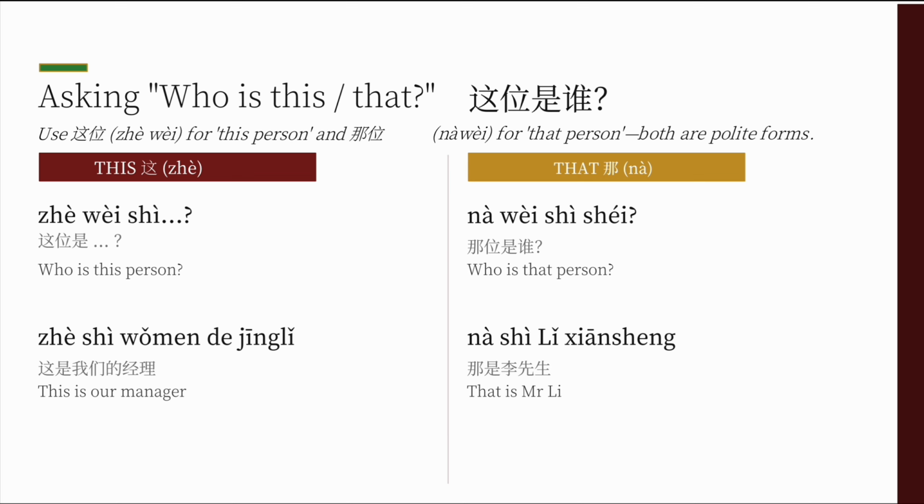And what's that phrase you use to say, let me come and introduce you? 我来介绍一下。And the next thing that follows is, this is so-and-so. 我来介绍一下。这是我们的经理。Let me come and introduce. This is our manager.